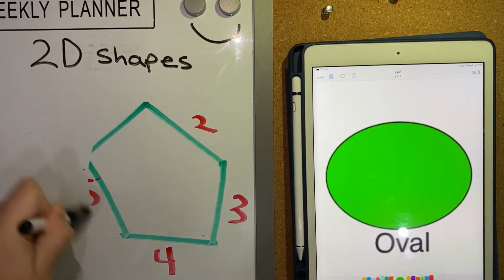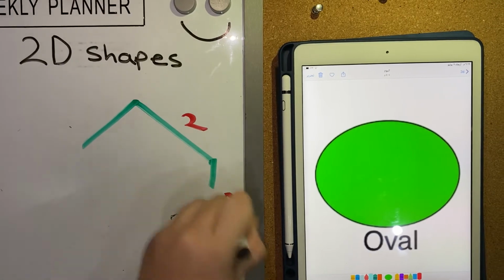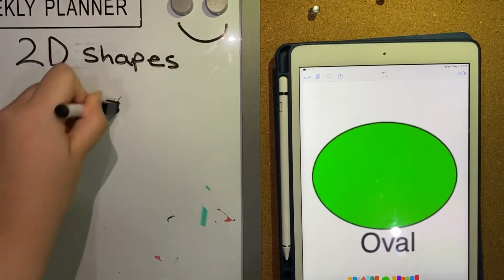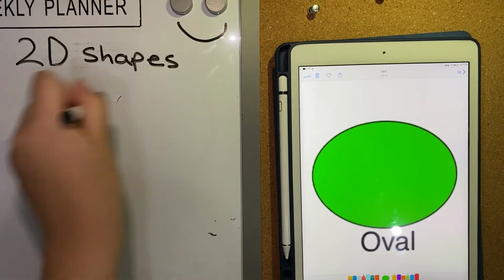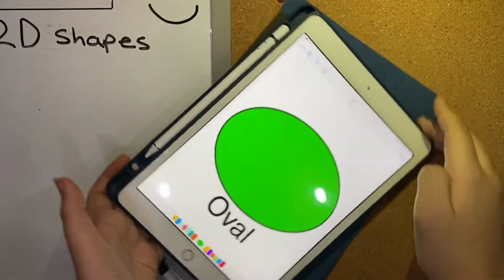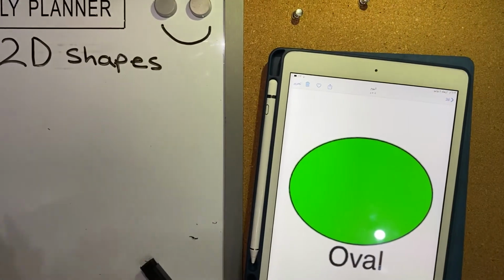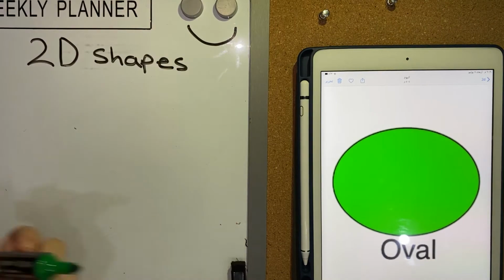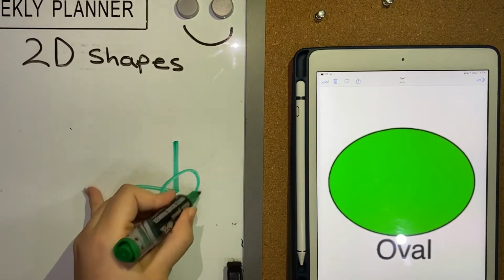The oval. The oval and the circle, these shapes are a little bit different. They don't have a side, because if you turn this, they're gonna look the same, and they don't have a side, like an angle like this.